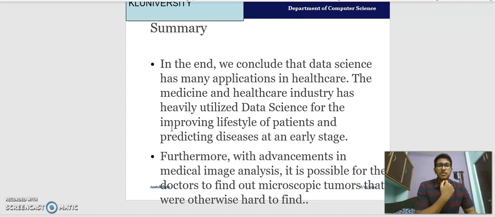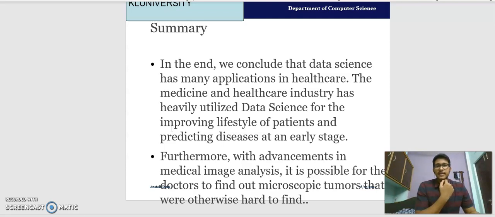Furthermore, with the advancements in medical image analysis, it is possible for doctors to find microscopic tumors that were otherwise hard to find.